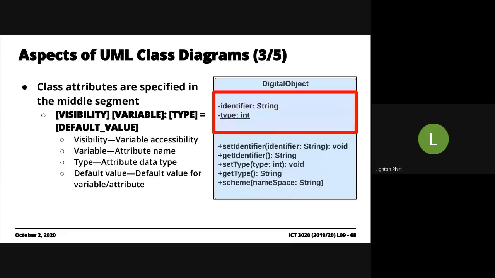Very simple. We discovered that there are certain key components associated with a UML class diagram. This is UML version 2.0, by the way, or 2.x if you want. Visibility, the variable, the type, and the default value. The visibility will tell you how accessible, or what entities are able to access that particular attribute.